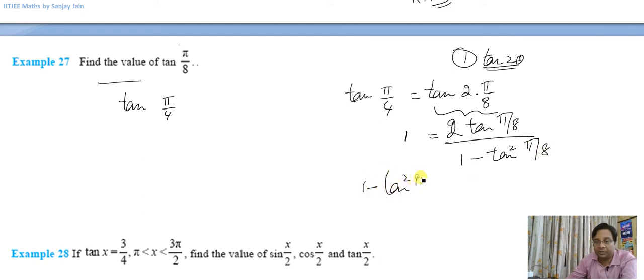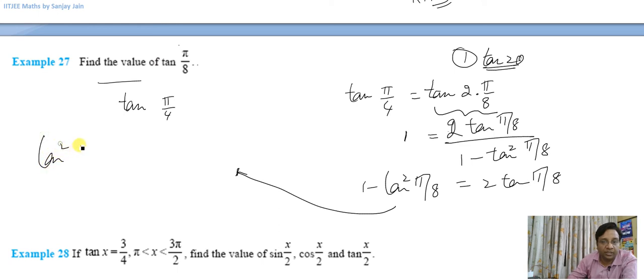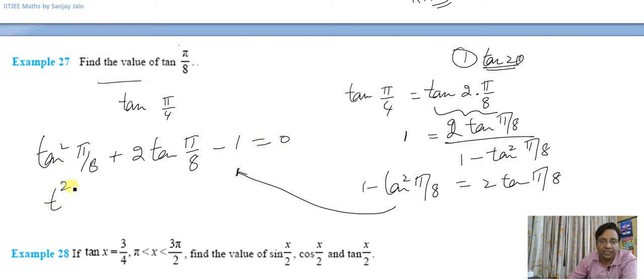1 minus tan square pi by 8 will be equal to 2 tan pi by 8, and if I write it in standard form, it will be tan squared pi by 8 plus 2 tan pi by 8 minus 1 equals 0. For a moment you can consider tan pi by 8 as t. So t square plus 2t minus 1 is equal to 0, right?